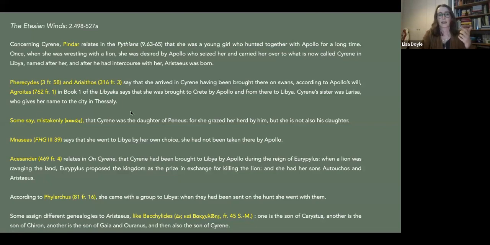Some mistakenly say that Cyrene's father is this, but there's a mix-up happening here, and as I said, multiple genealogies can coexist. And what the scholar is obviously doing here is referring to a discourse that we just don't have evidence for. There's been a bit of a mix-up between what Hesiod says about Cyrene and what Pindar, the lyric poet, says about Cyrene. So drawing on a poetic tradition there, and obviously some sort of misinterpretation.